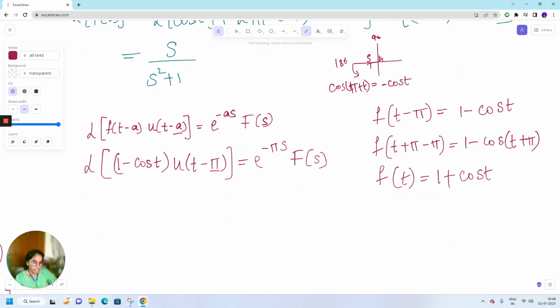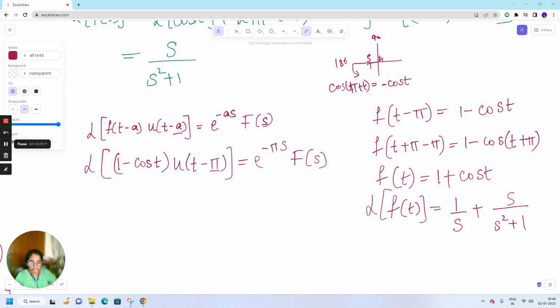Okay, now what is Laplace of f of t? Laplace of f of t is equal to 1 divided by s plus s divided by s square plus 1. Okay, let me substitute the s value over here.